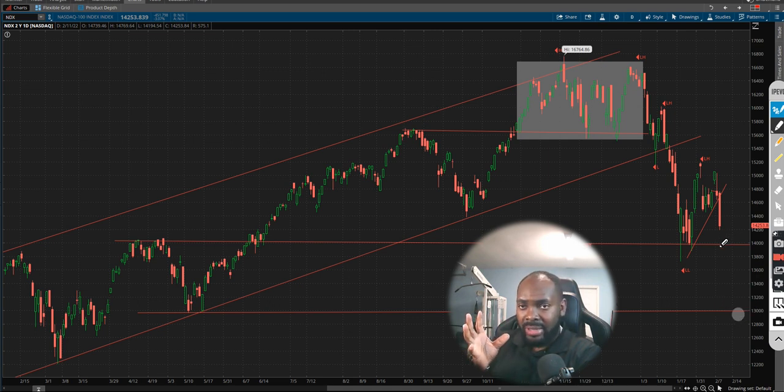If we do come and break and put in a new low around 13,600, then ultimately that opens the door for the NASDAQ to move on down to 13,000, but we're not there yet.